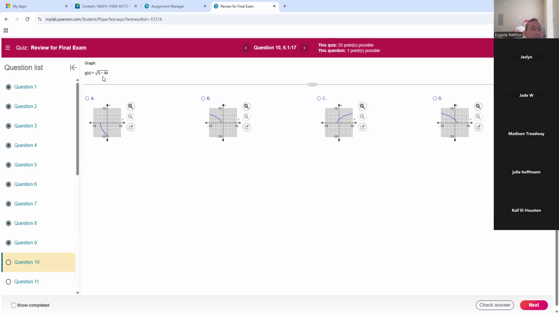All right, so the graph of a square root of 5 minus 4x. So y'all, the easiest way, let's go graph it. So this is g of x equals square root 5 minus 4x. All right, so I'm going to the calculator. I'm going to go y equals and clear that off.